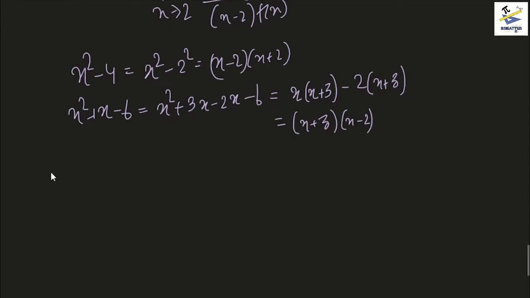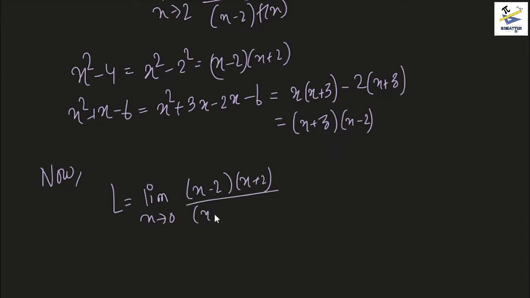Now the limit L becomes limit x tends to 2. In the numerator we have x minus 2 into x plus 2, and in the denominator we have x minus 2 into x plus 3.